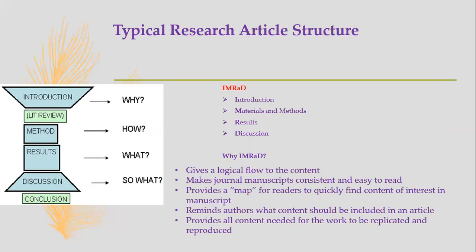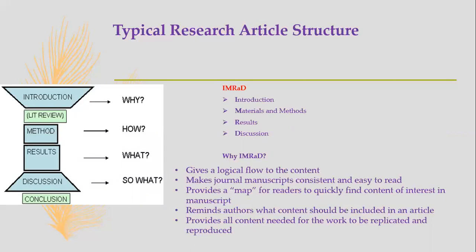I've already explained this particular flow of information that you see here in a very descriptive manner in the previous slide. So basically, in the introduction, you write down why you have done it. If you answer these four questions, you have a complete research paper. In the introduction you describe why you have done it, and in the methods you describe how you have done it.